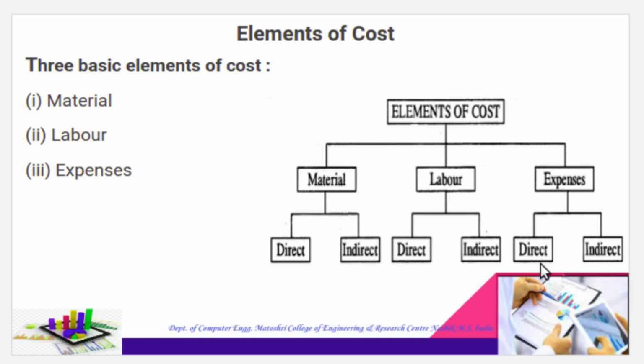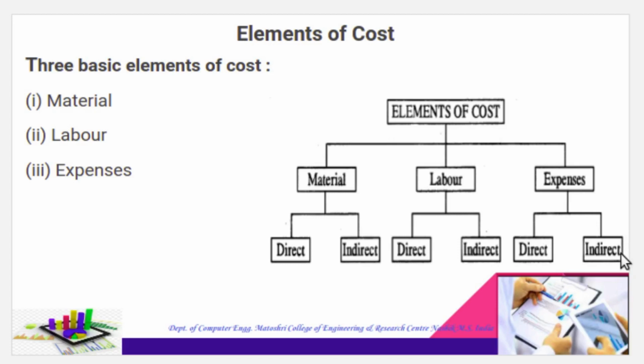Direct expenses are those which can be wholly or directly identified with a particular product. Hire charges of a machine used for a particular job, or the rent of a room in which the specific product is being produced, are examples of direct expenses.